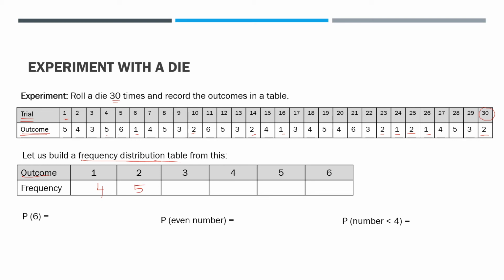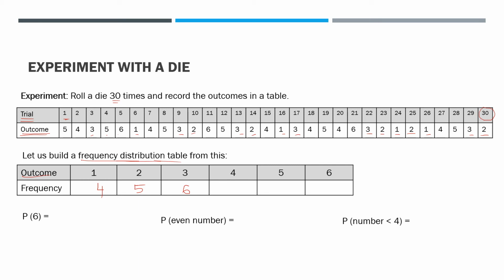What about outcome 3? 1, 2, 3, 4, 5, 6. So 3 has shown up 6 times.